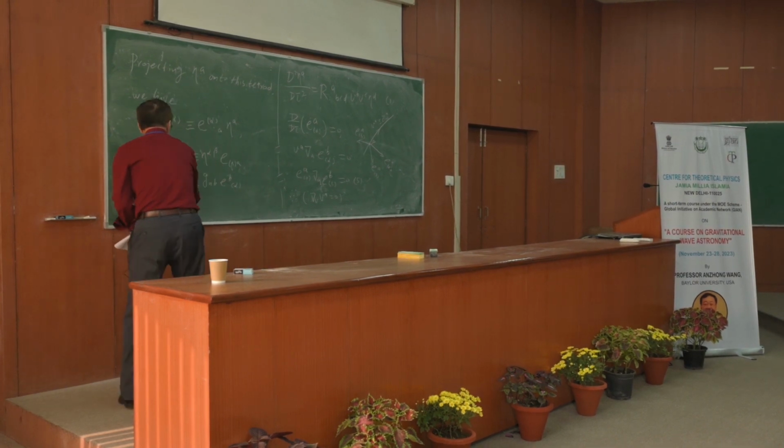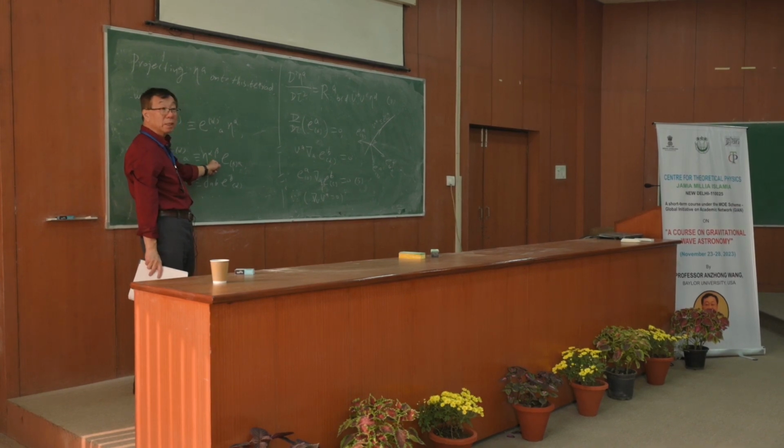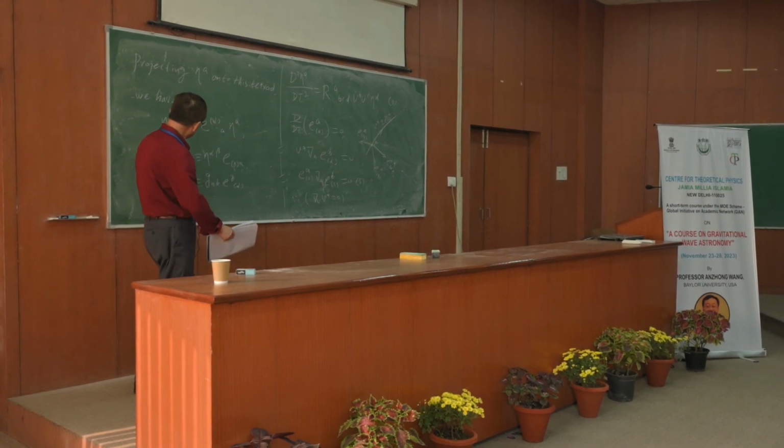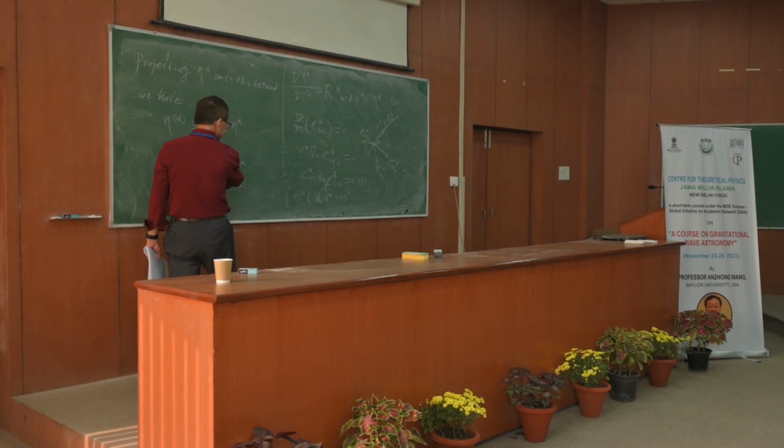So you can see the index inside parentheses we use eta AB, alpha beta. Here I use the third dimension.